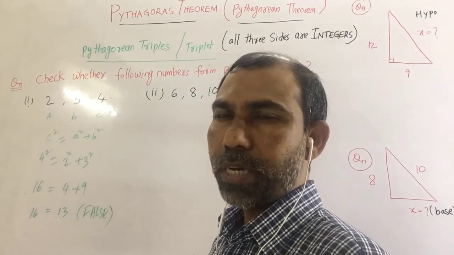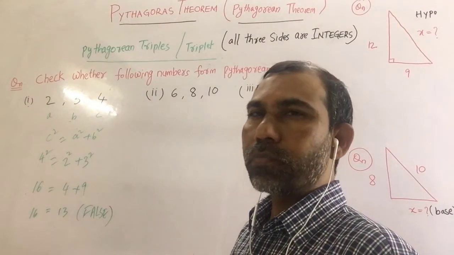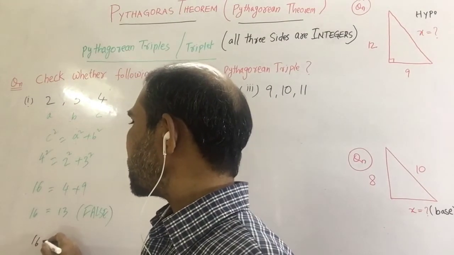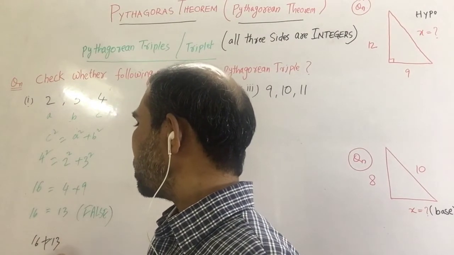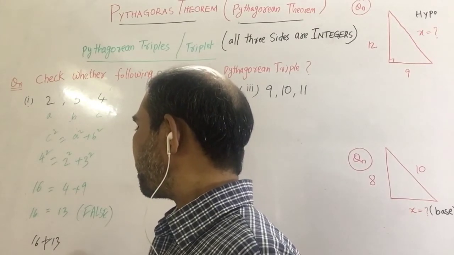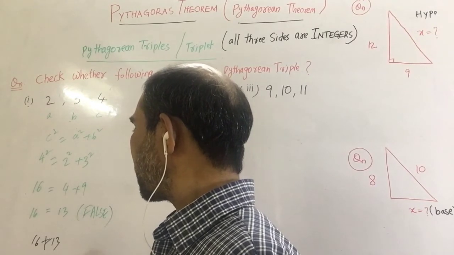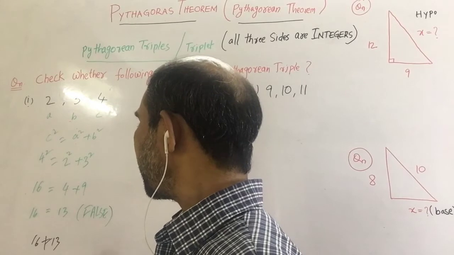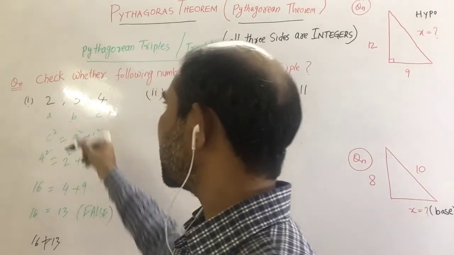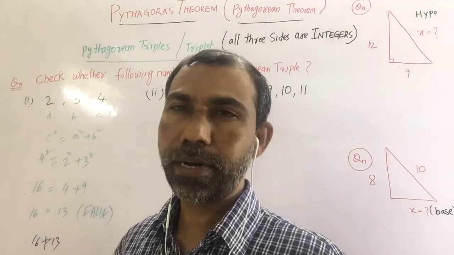As we have checked with the Pythagoras theorem, it is not following. 16 is not equal to 13, so these are not Pythagorean triples. That means this particular triangle does not contain a right angle.